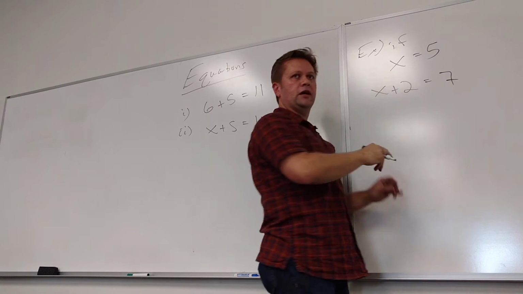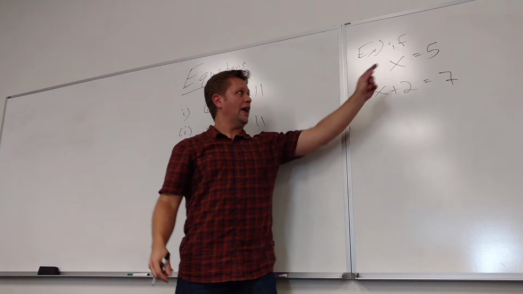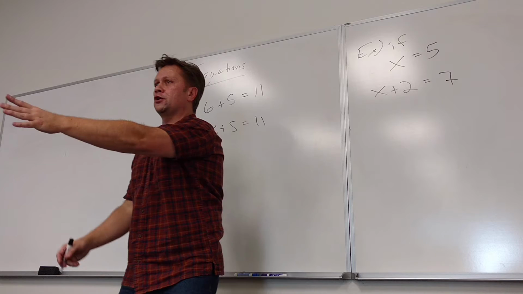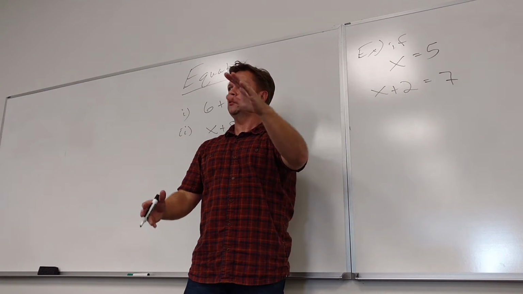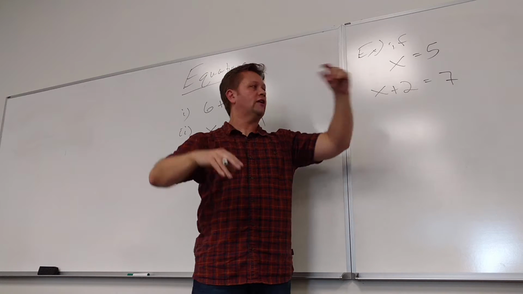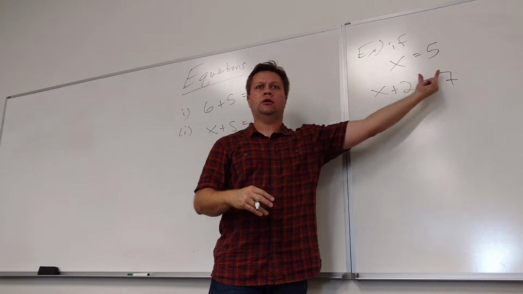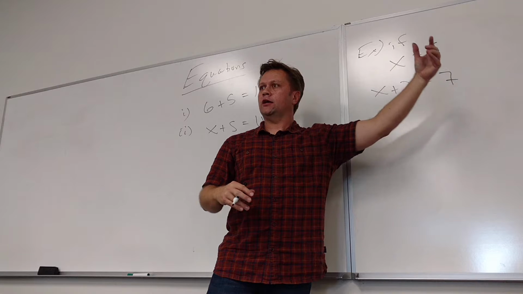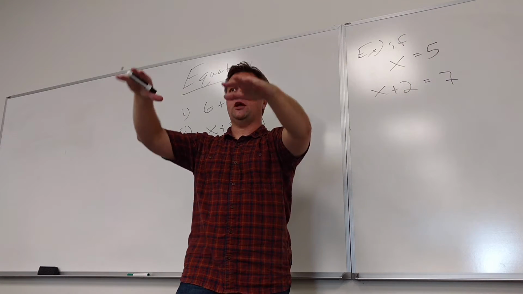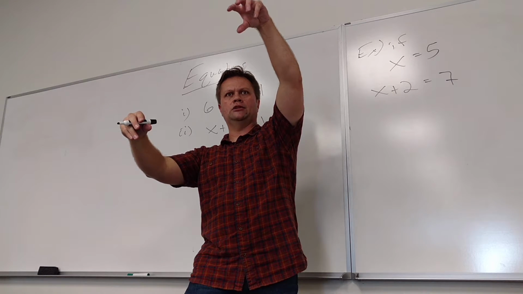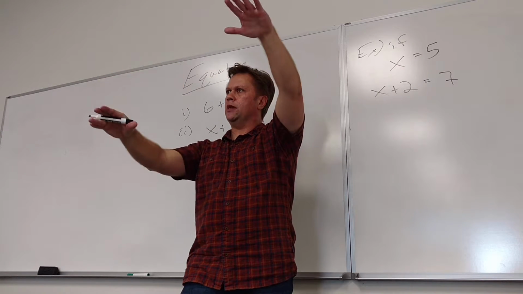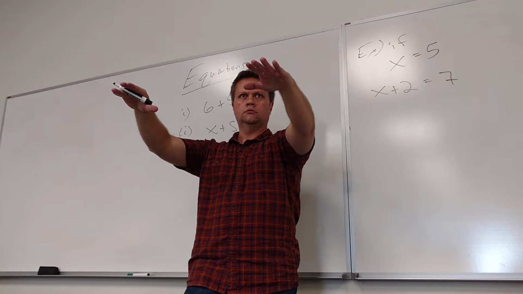If x is 5, so if you're 5 years old, in 2 years you'll be 7. To maintain the equality, if I add 2 to one side, I better add 2 to the other side. They often call equations little balancing scales. So if you add 2 to one side, you better add 2 to the other side to make it stay equal. Does that make sense?